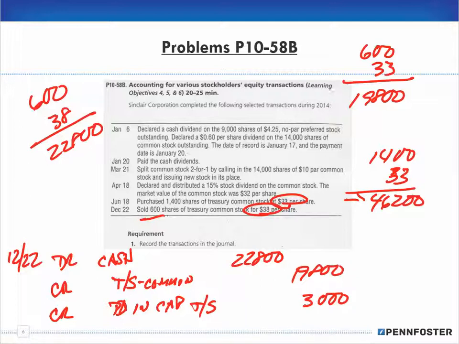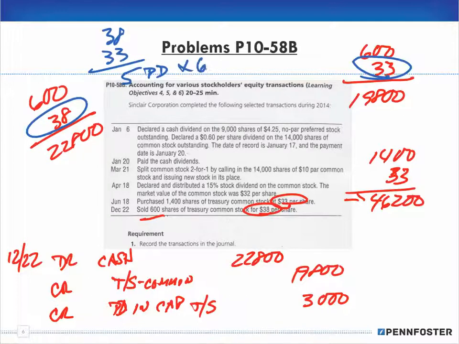Now notice that we could have done it a different way. I mean, we finished the exercise, but to get this paid-in capital, we could have taken the $38 that we're selling it at, and the cost was $33, so that's a difference of $5 of paid-in capital, times the 600 shares is $3,000.